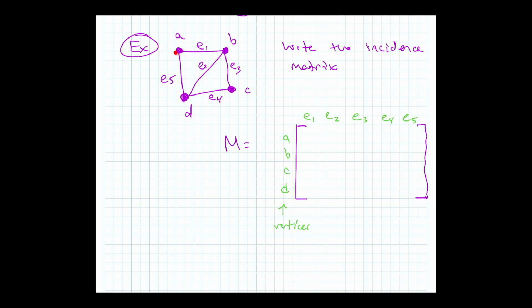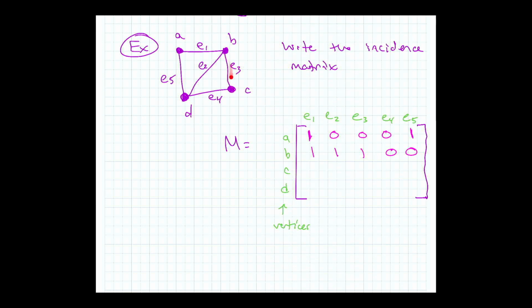After that, it's about how you would expect. Row A is part of E1 and E5. So you just say, A is part of E1 and A is part of E5, but those are the only edges it's part of, so the rest of these are zeros. What about B? Vertex B is part of E1, E2, E3, but not 4 and 5.